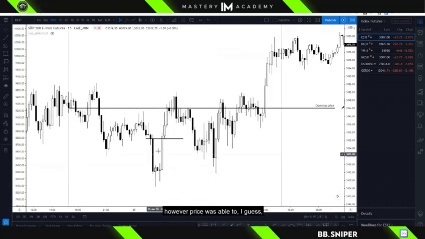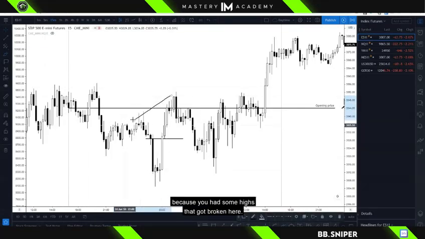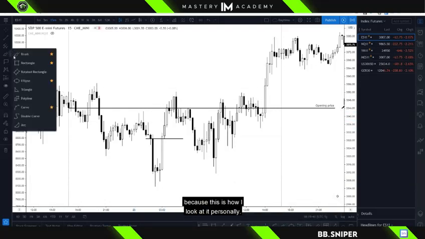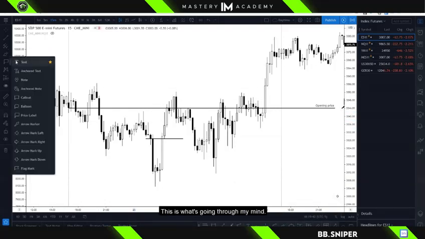However, price was able to, for those of you who like the break of structure, right? Here's your break of structure because you had some highs that got broken here, right? So if we have a break of structure, you can anticipate that smart money is now in the move, right? Let me actually put that up here because this is how I look at it personally. This is what's going through my mind.